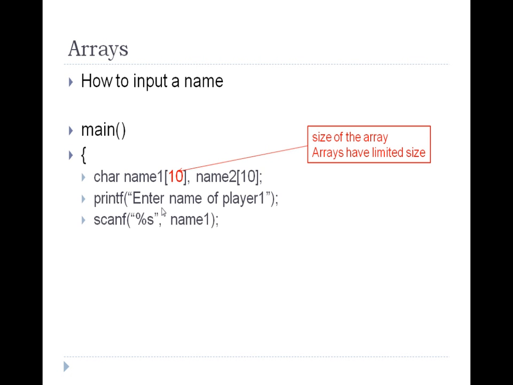printf, enter the name of the player. scanf %s, sorry. So here this array of characters is actually called a string. So if we have an array of characters, we can scan them directly by %s. And please note that ampersand is not needed in this case.